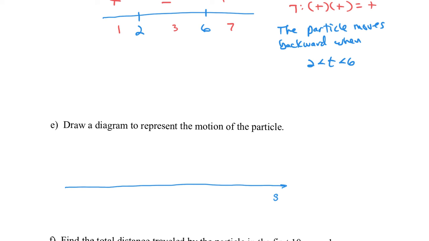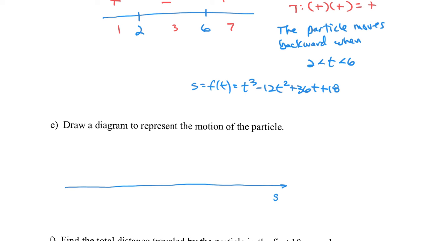So to see where we first start, we've got our position function, which I'm going to rewrite down here because it's up there a ways on the screen. But here's our position function. S equals f of t, which is equal to t cubed minus 12t squared plus 36t plus 18.